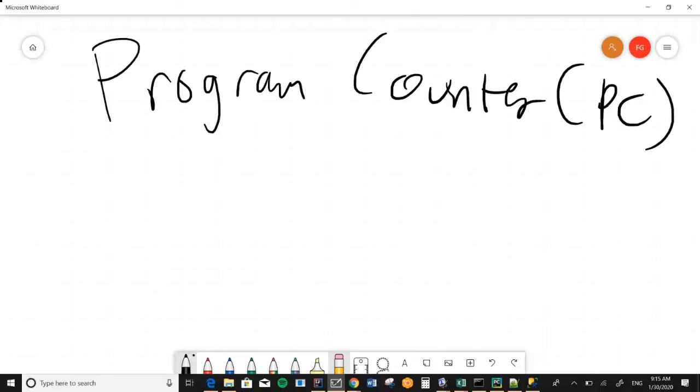So the program counter is a very specific and important register on a CPU. I'm going to first talk about its role.